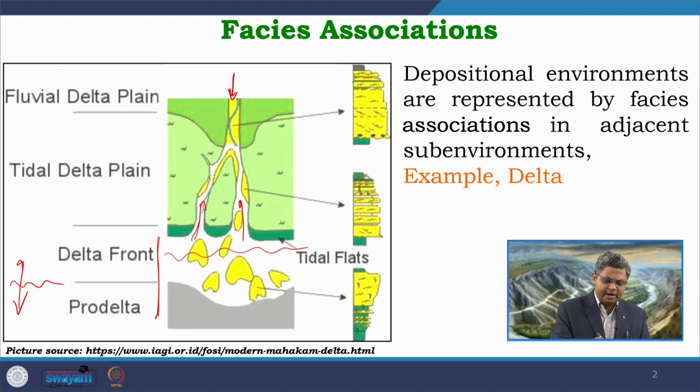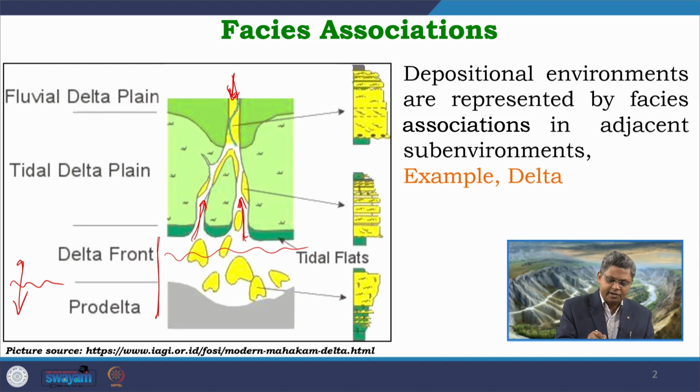The tidal current will move in during high tide and come out during low tide, and along with this the river is continuously flowing, supplying water and sediments. With this basic concept, we can now try to understand the different processes going on in different parts of this deltaic system.